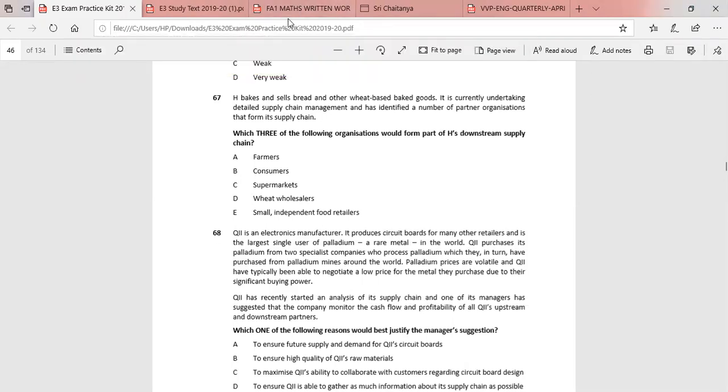It is currently undertaking detailed supply chain management and has identified a number of partner organizations that form its supply chain. Which three of the following organizations would form part of its downstream supply chain? Supply chain. Farmers form a part of.